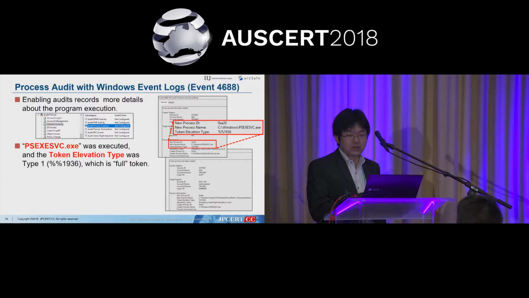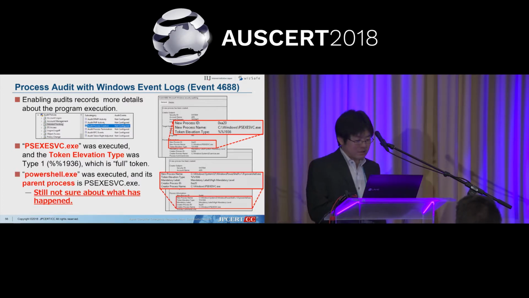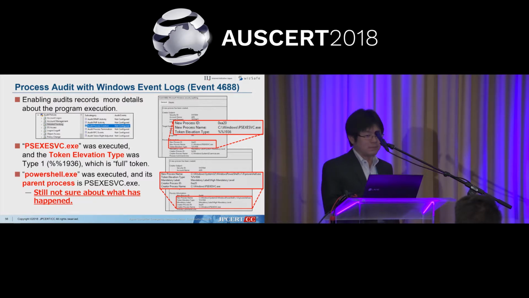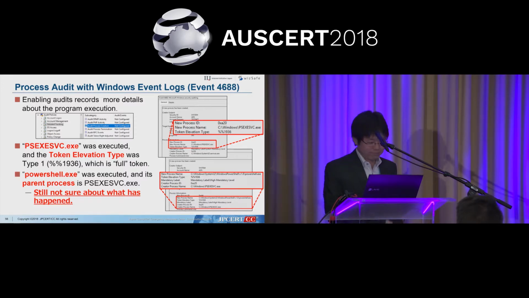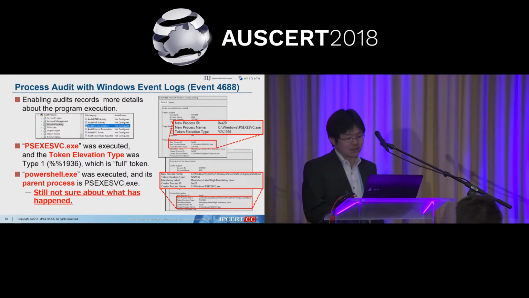The other thing you can find from the process creation logs is, in this example, PowerShell being executed over PsExec. You can see PowerShell executed, and its parent process was PSEXESVC. But many of us know that PowerShell can do hundreds of things, so it's still not enough. We're still not sure about what has happened, so we need to do something.